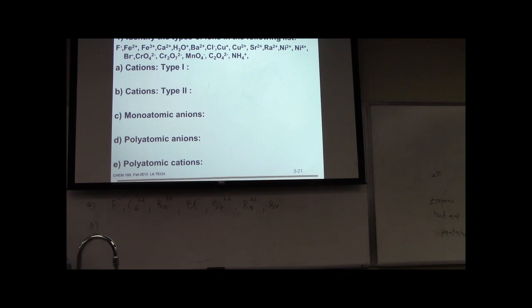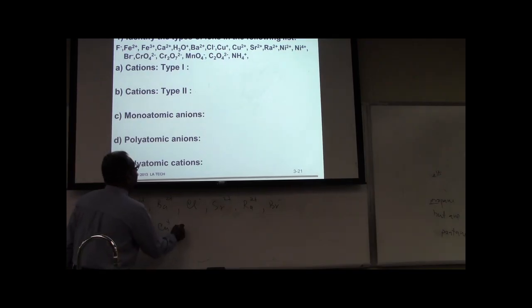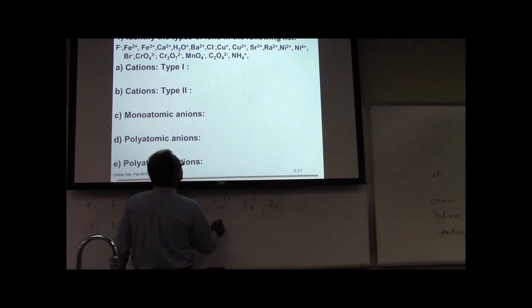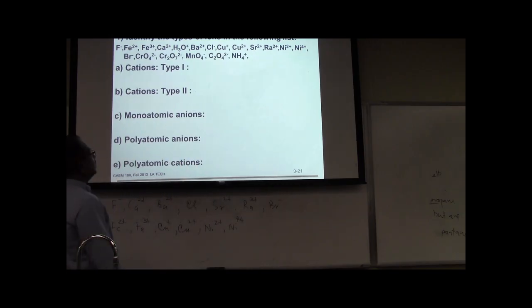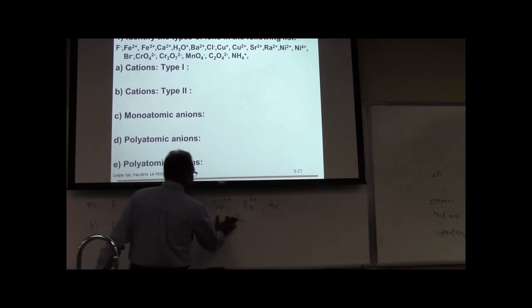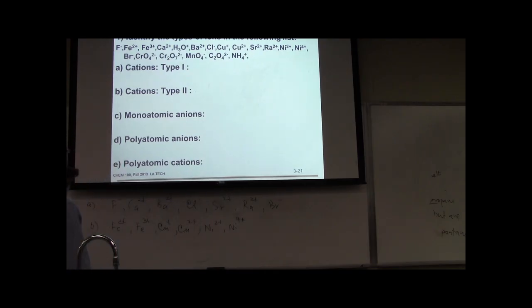B is type 2. What are the type 2? Fe2 plus, Fe3 plus, what else? Cu2 plus, Cu plus, nickel 2 plus, nickel 4 plus, what else?